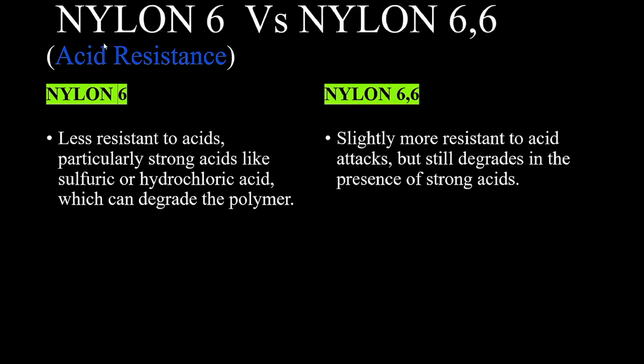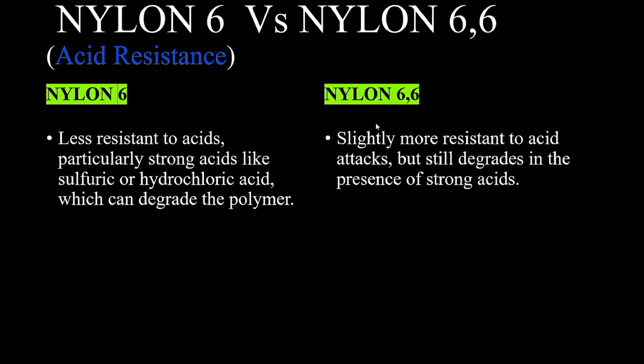Next, sixth is the difference with respect to acid resistance. Nylon 6 is less resistant to acid, particularly strong acids like sulfuric acid or hydrochloric acid, which can degrade the polymer.